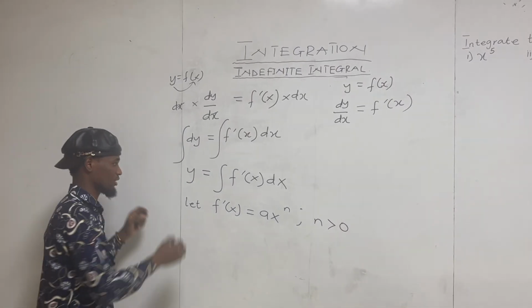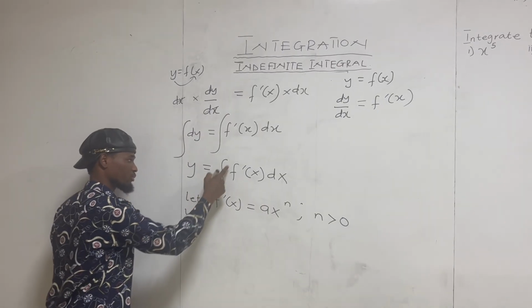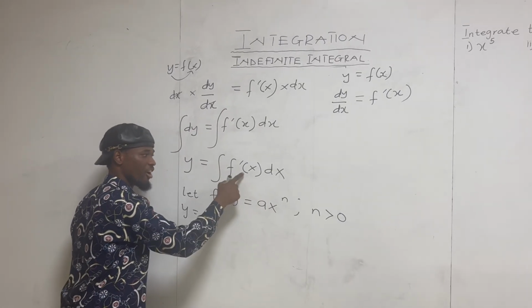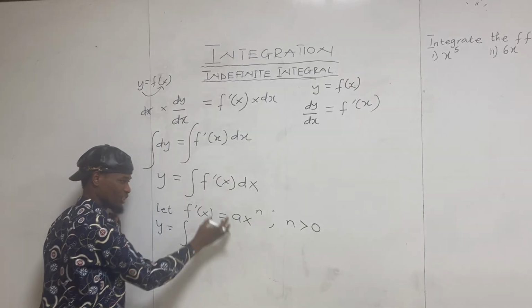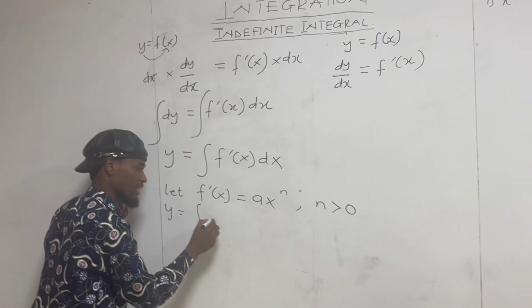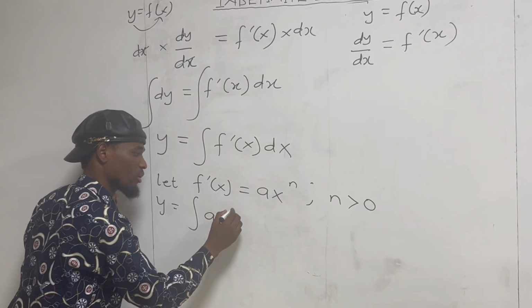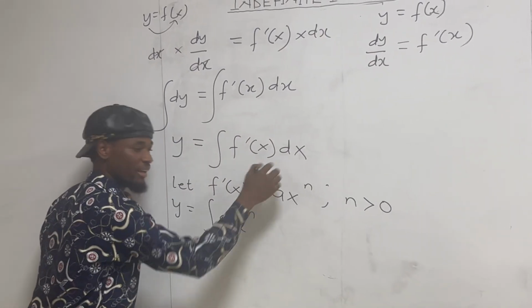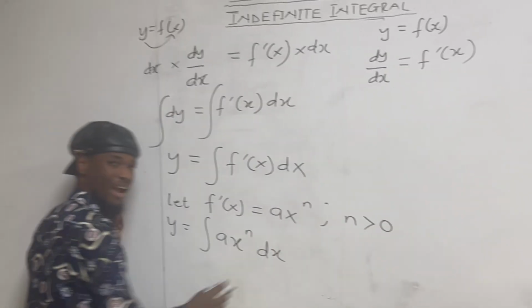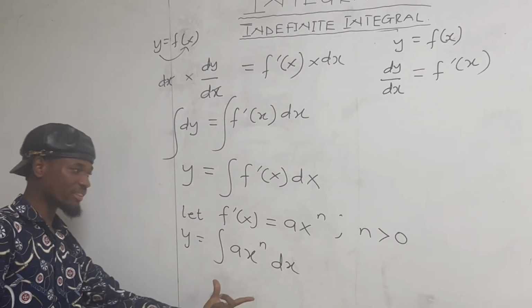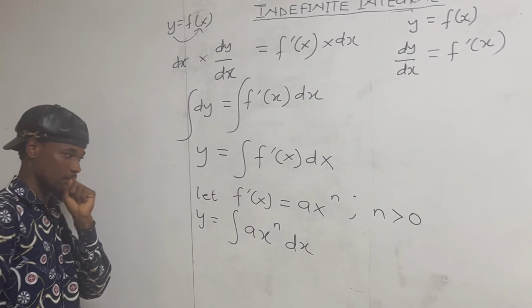What happens? So I have y, which is equal to the integral of f prime of x, but f prime of x is equal to what? Is equal to this, a x to the power of n. And what we have here? The what? The dx this way. Now what is the rule of the game over here?